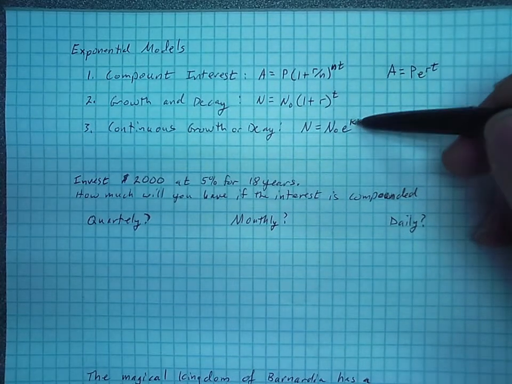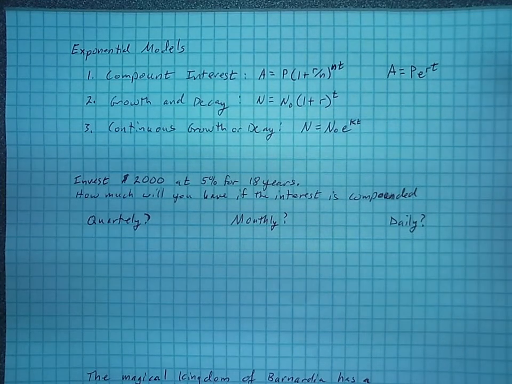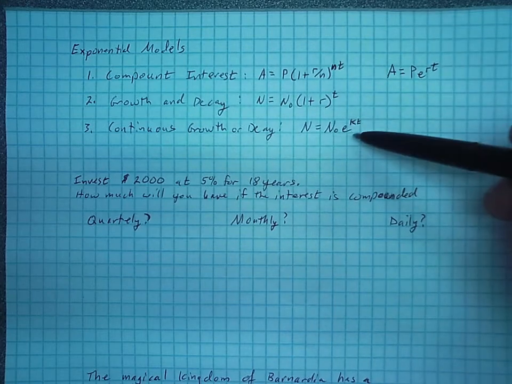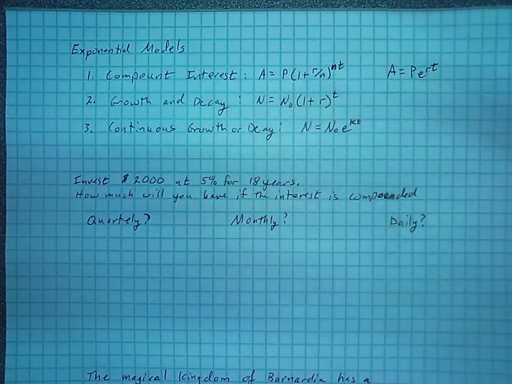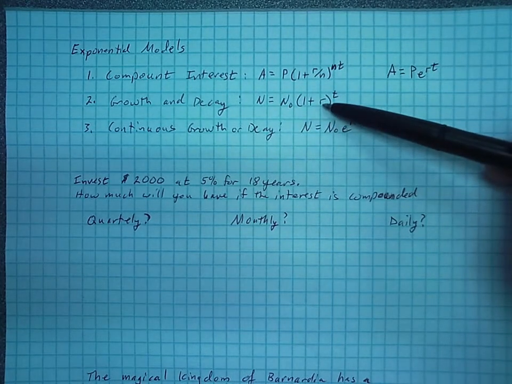Now the K here, instead of R, is meant to stand for a continuous growth rate. So the numbers are going to be a little different, but you can think of them percent-wise still. Here we have the amount we'll have at the end, and N0 is the amount we had at the beginning. Again, we have the rate.